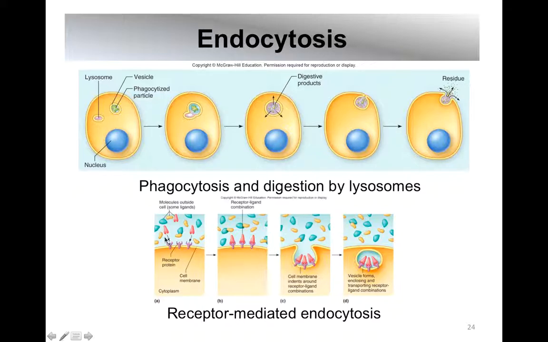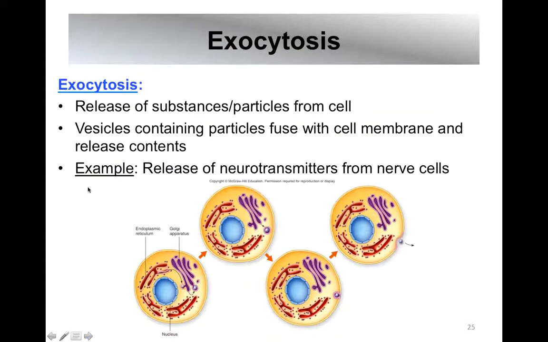So these purple receptors here are looking for these things. Maybe it's a hormone or maybe it's some nutrient, and they're going to take these into the cell. So receptor-mediated endocytosis requires one of those receptor proteins on the outside of the cell to find whatever it is it's looking for. Exocytosis is how a cell gets rid of large amounts of stuff.